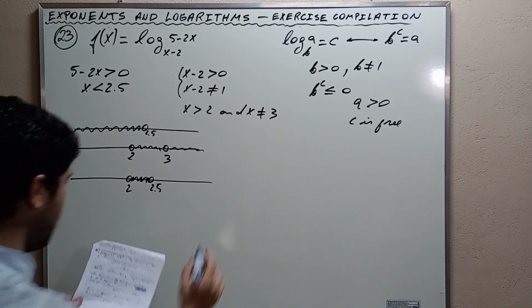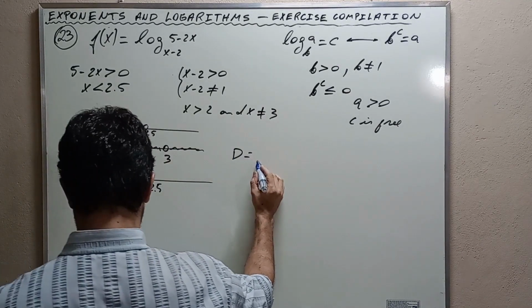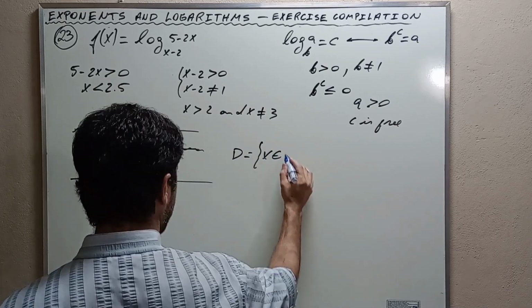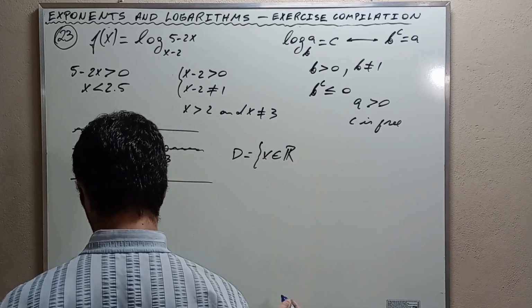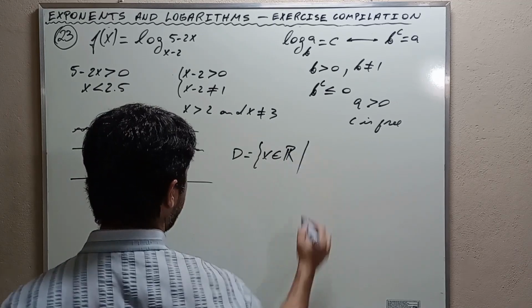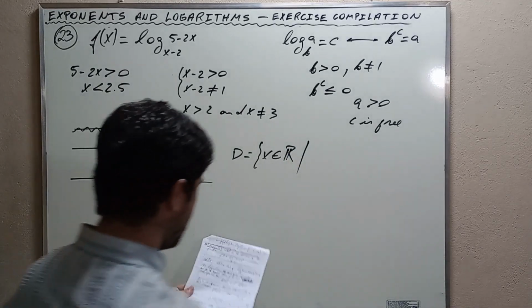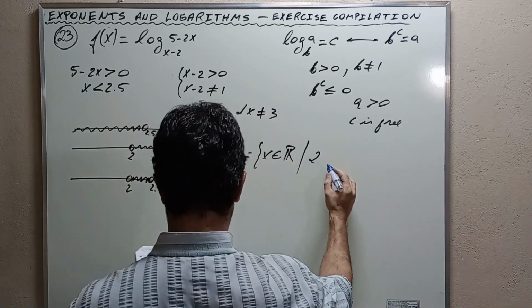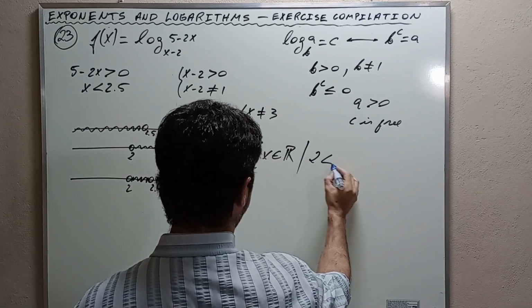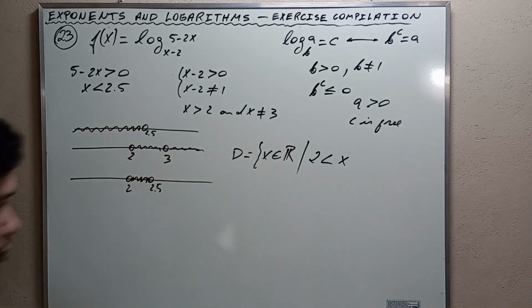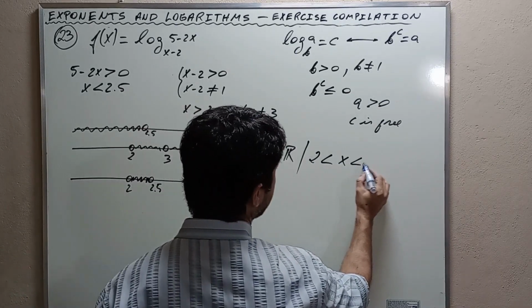The domain D of the function is x belonging to the set of real numbers, provided that x is between 2 and 2.5.